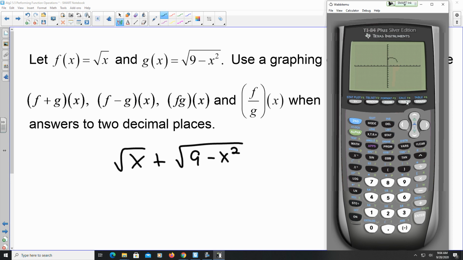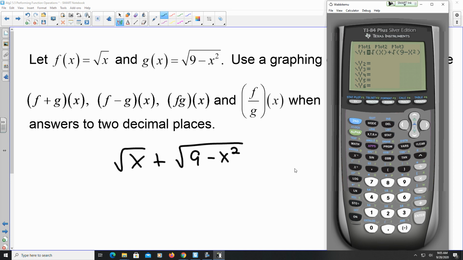So if we go to, it looks like it's really close to like 3.7 or something like that. Yeah, so that's kind of how it is with the graphing calculator.